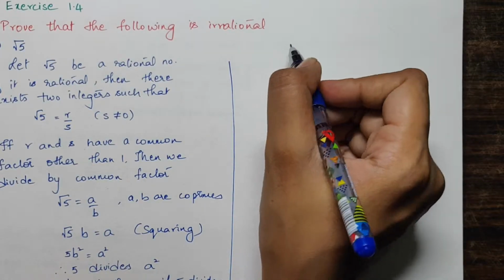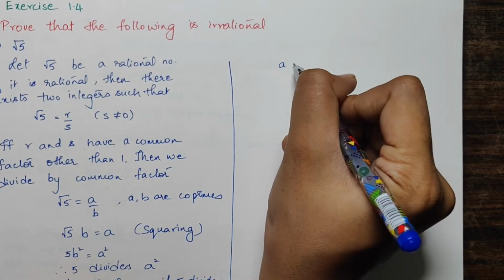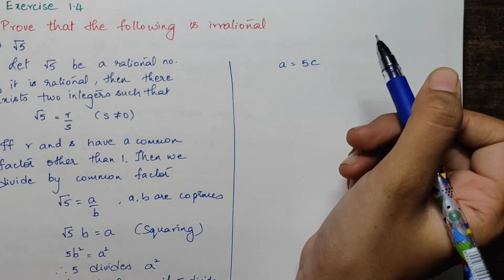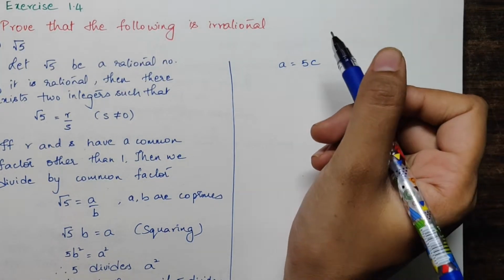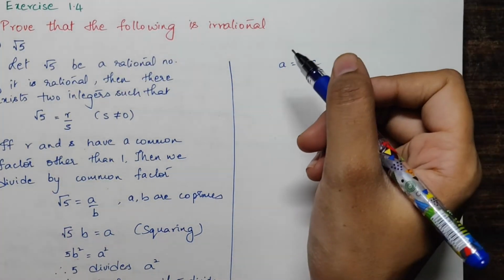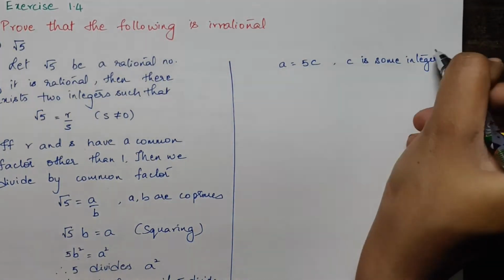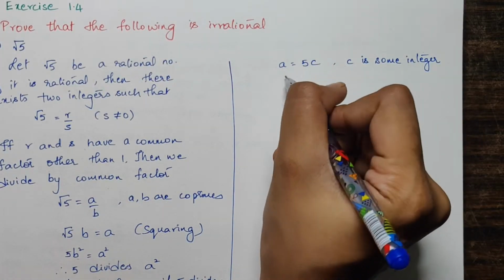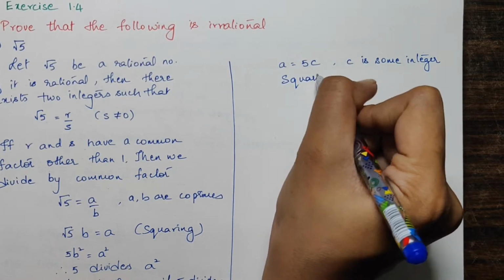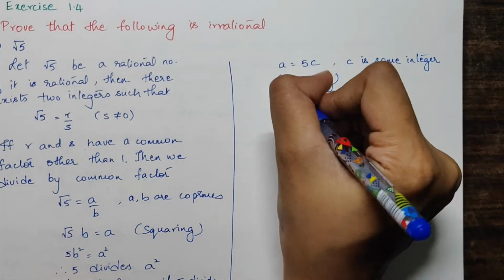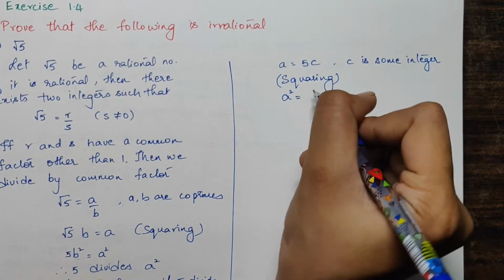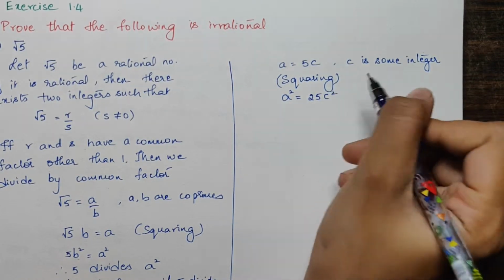Now we can write that a equals 5 into c, since 5 divides a, where c is some integer. Now if I square this on both the sides, I would have a square equals 25 c square.